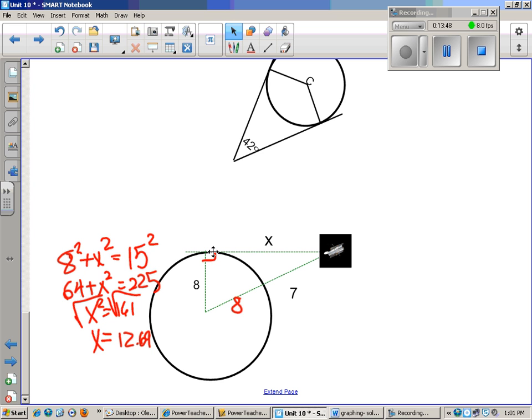From here to here is the distance a satellite is from the Earth. This is to the center of the Earth. It's not 8, but I didn't want you to have to deal with those giant numbers, so I just made it 8. But ever since we got to go out in space, we saw how big the Earth is, so we calculated the radius.